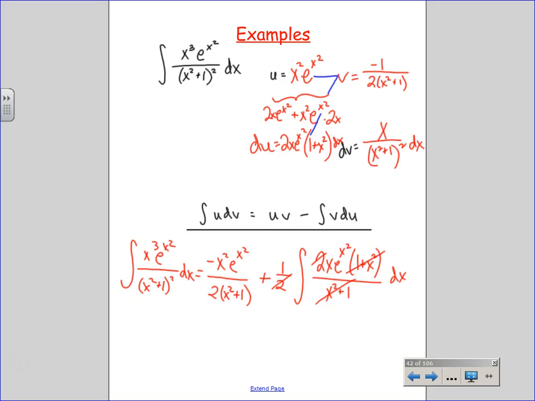Packing the dv as simpler when we, or trying with squared and what we need to have for the du.